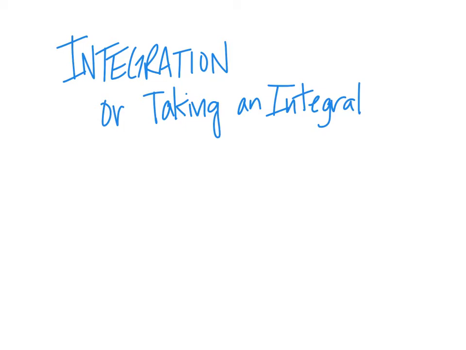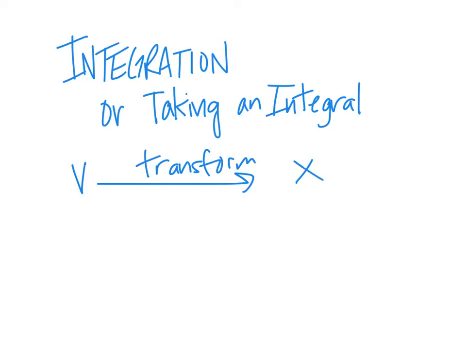The derivative takes us from something like a position function to a velocity, or from a velocity to an acceleration. And what integration does is the opposite. If we know a function of velocity, it can transform that function into a function of position instead.